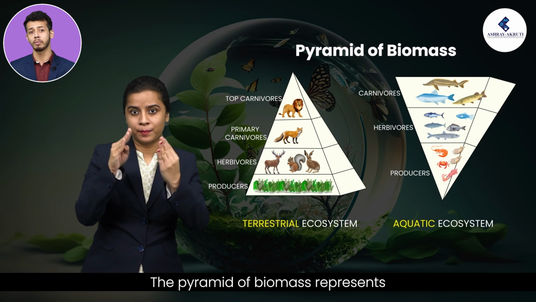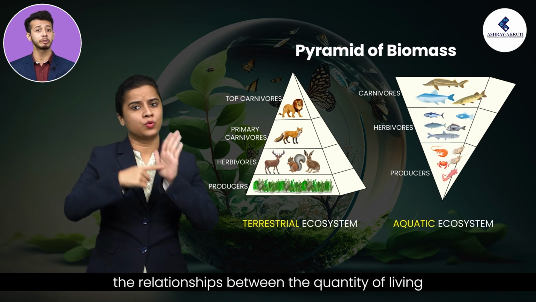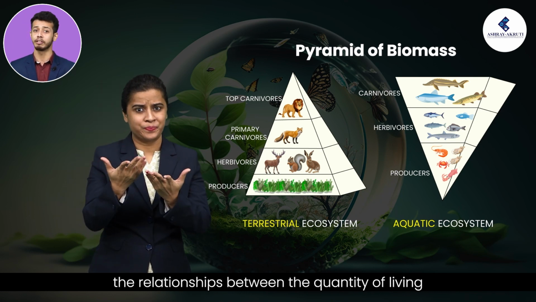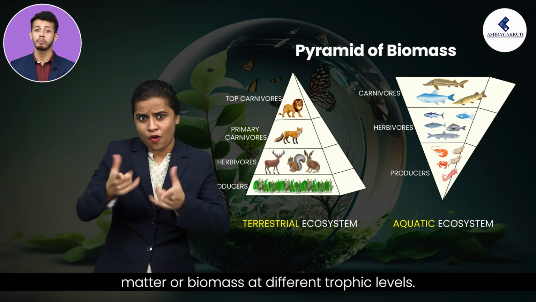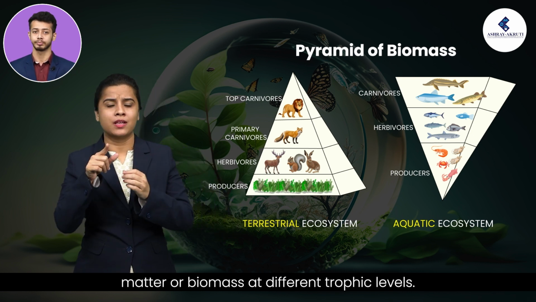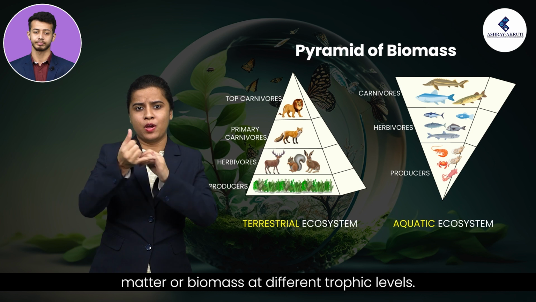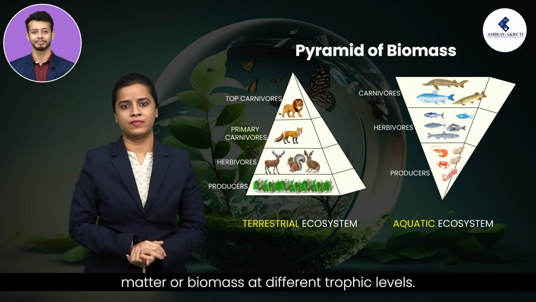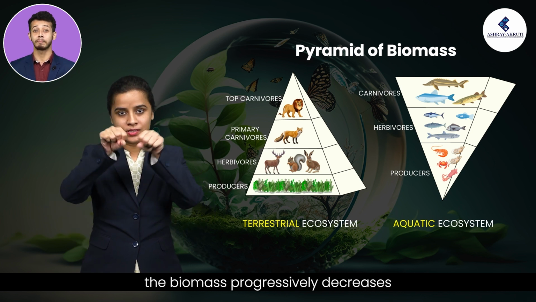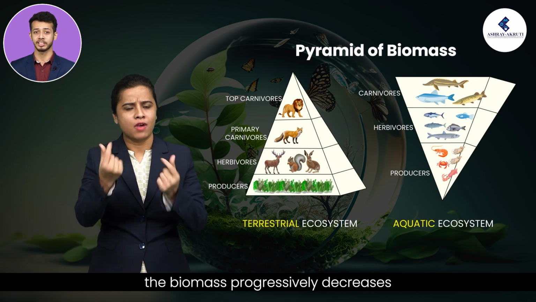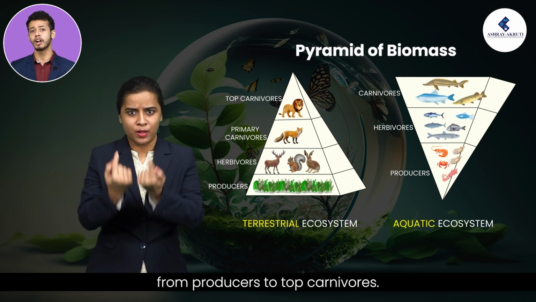The pyramid of biomass represents the relationships between the quantity of living matter, or biomass, at different trophic levels. In terrestrial ecosystems, the biomass progressively decreases from producers to top carnivores.